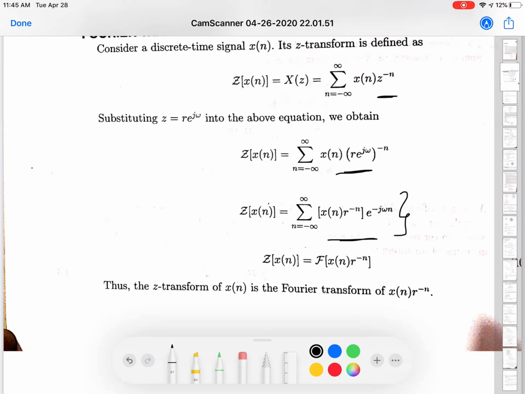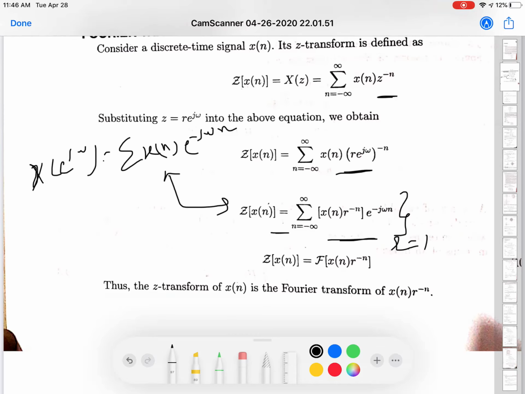Now we can consider this as the DTFT of x[n] r to the power minus n, as the DTFT is given by X(e^(jω)) equals the summation of x[n] e to the power minus jωn. Right, now when you take the value of r equal to 1, this becomes this.